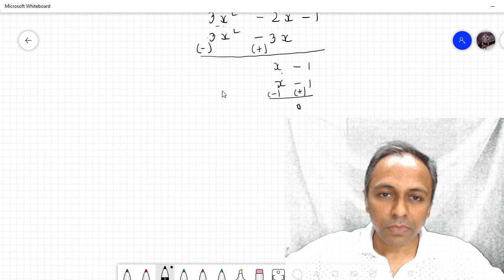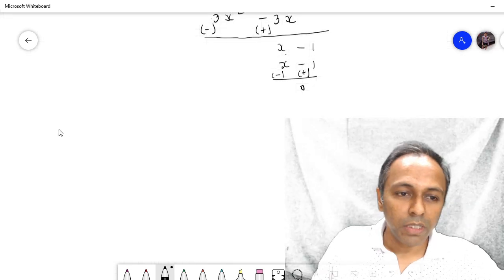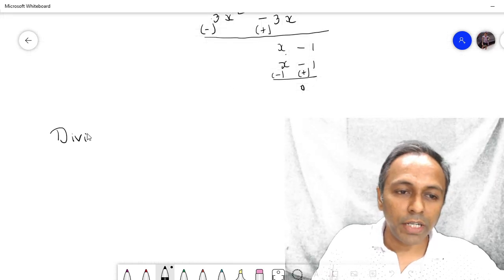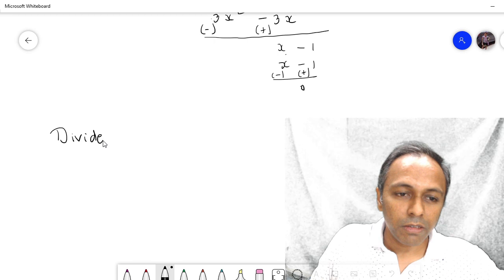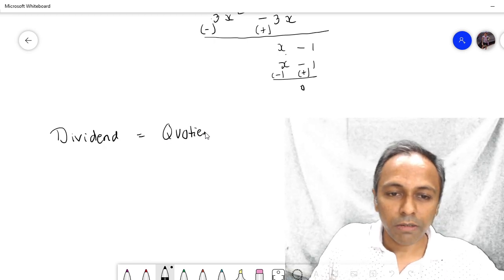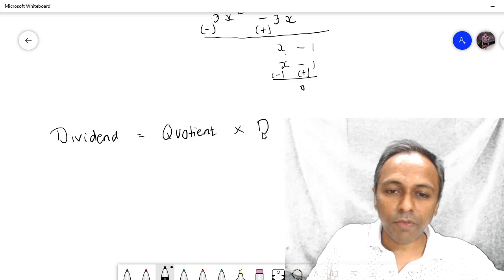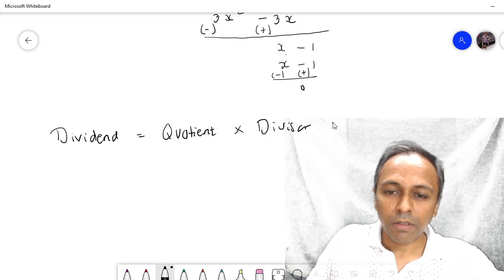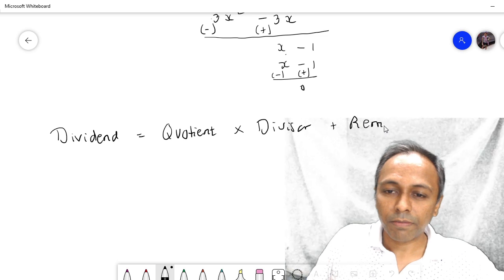And what have you learned? You have learned dividend is equal to quotient into divisor plus remainder.